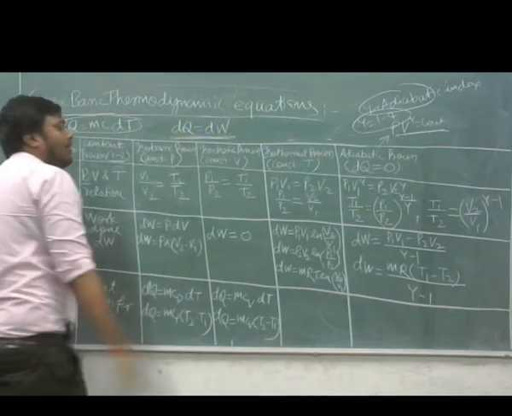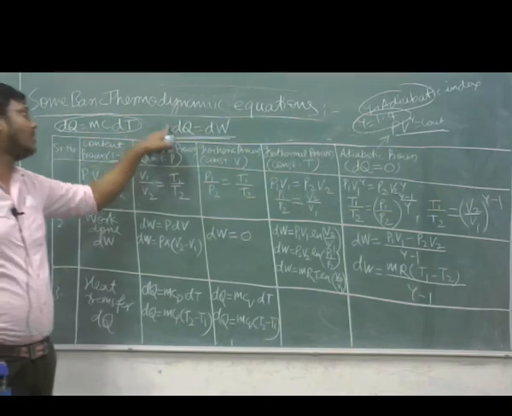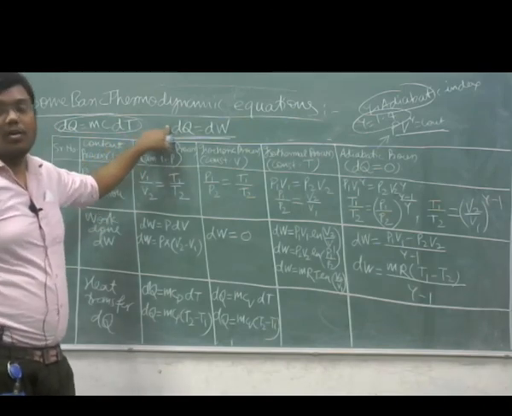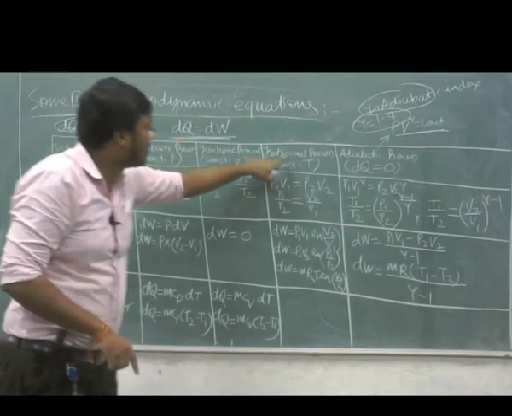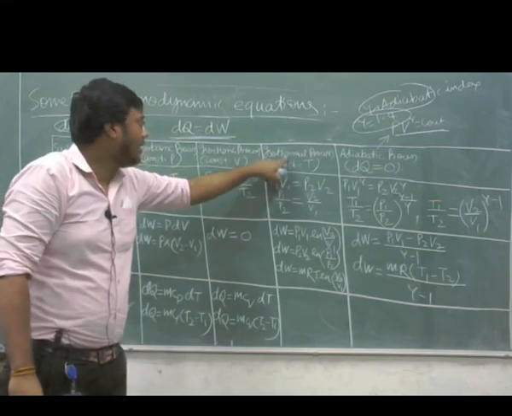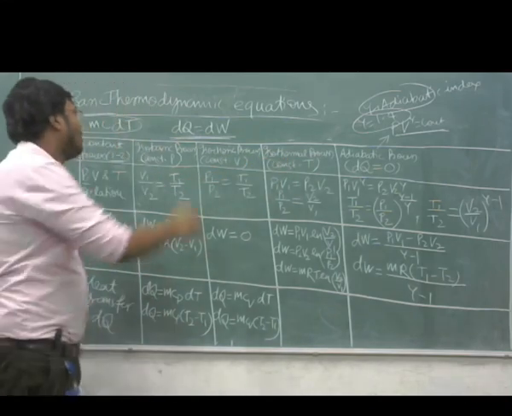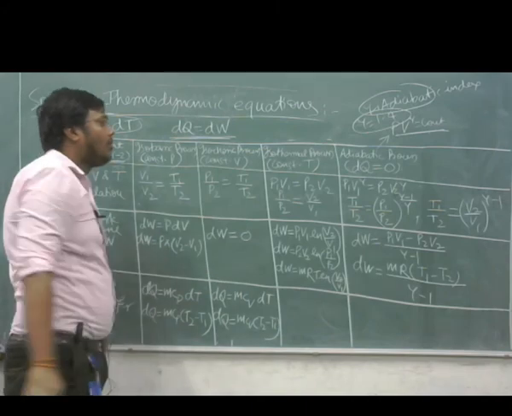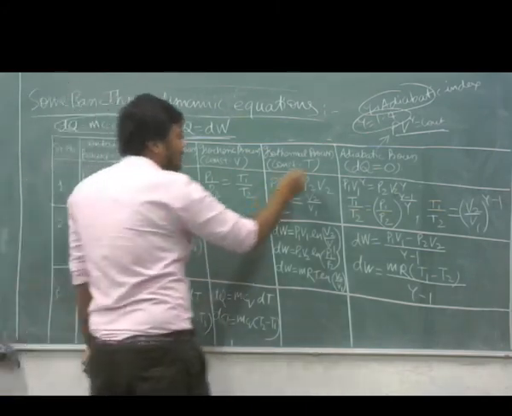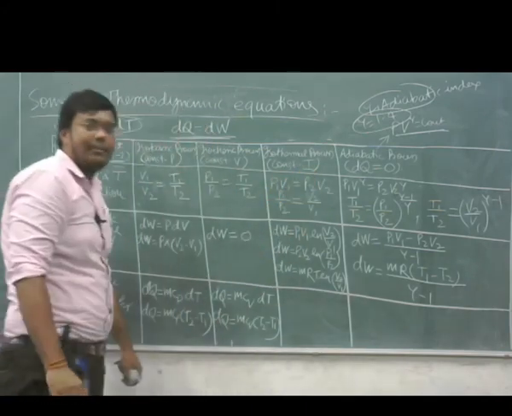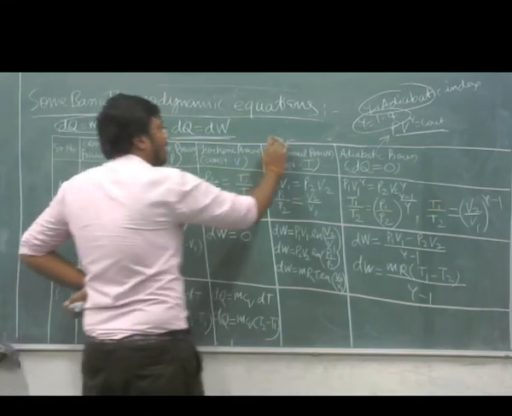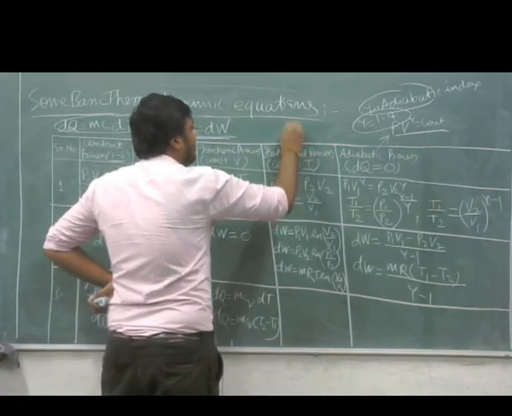This is the first law of thermodynamics, but this law is feasible only for the isothermal process. In isothermal process also dQ is equal to dW, because in isothermal process temperature is constant, and when temperature is constant, the difference in internal energy dU becomes zero.